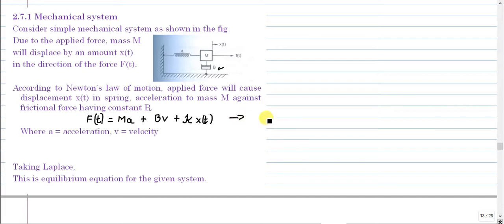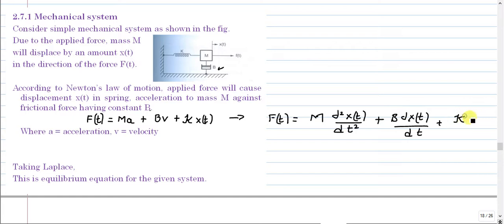If I want to represent it in terms of an equation, I will take f of t as it is, and mass into acceleration, that is the rate of change of velocity, that is m d square x of t by dt square, plus b into velocity, which is represented by the rate of change of displacement, b dx of t by dt, and finally k into x of t, the change in displacement.